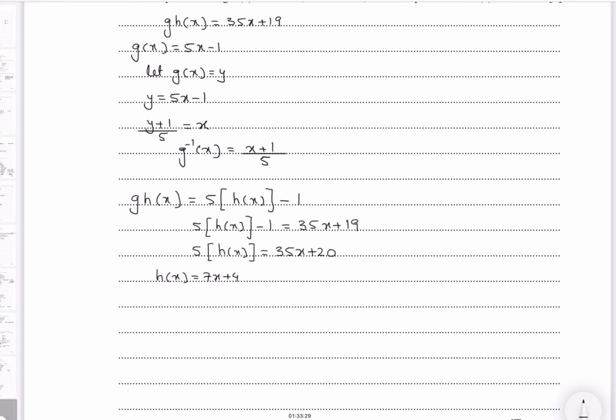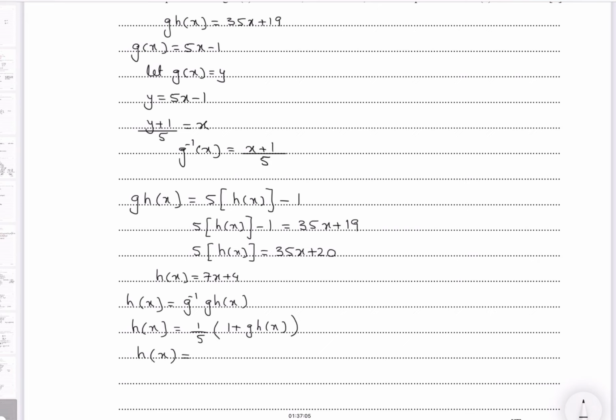There is another way, but that is a bit difficult, but even then let me write it for you. You write h of x is equal to g inverse of g of h of x, and from here you just put the values. You write the whole g of h of x into g inverse of x. So it looks like that.